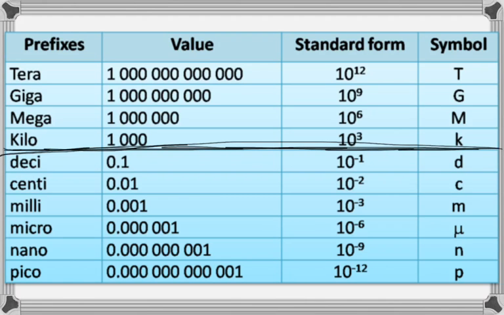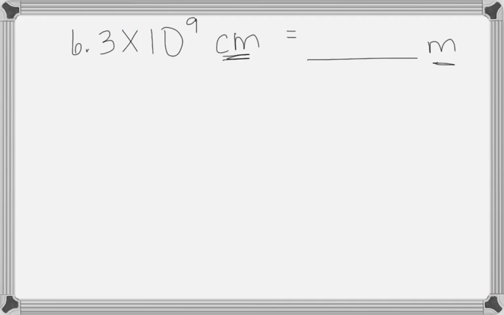If I go to this table, I see centimeter means 10 to the minus 2, right? And I'm moving it to meter. Since meter falls on this line, meter essentially means 10 to the 0. So to go from 10 to the minus 2 to 10 to the 0, do you see that's 2 decimal places? That's just telling how far apart they are here. So I have to move it 2 decimal places.